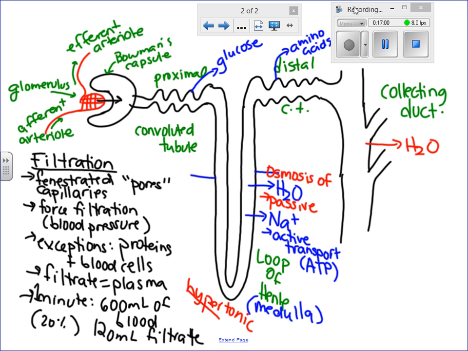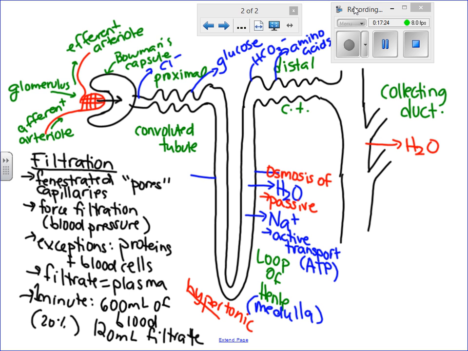Now there are some other substances that will normally be reabsorbed as well. The other substances are chloride ions and bicarbonate ions. So that's Cl for chloride, HCO3 for bicarbonate. And you'll notice that I indicated that they were negative.